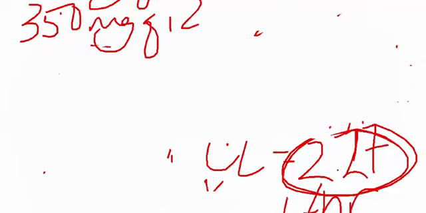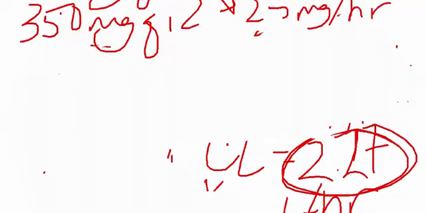So 300 milligrams Q12 is 600 milligrams per day divided by 24 hours. So 300 is, wait, I don't know if you can make that go away a little bit? Well, is 25 milligrams per hour. And 350 divided by 24 is, that can't be right. 300 divided by 24, 12 and a half.